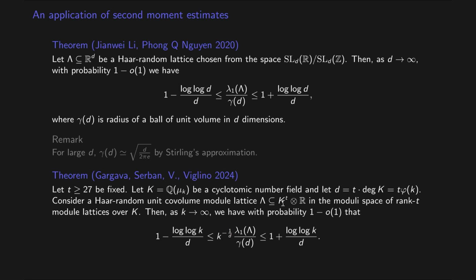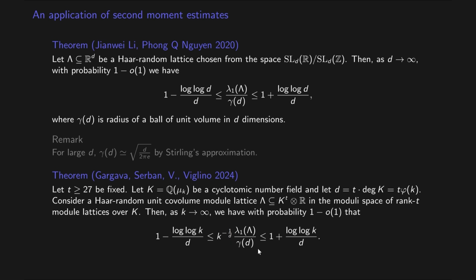Then as the degree of our field goes to infinity, with probability close to 1, again the length of the shortest vector will be close to what is expected.